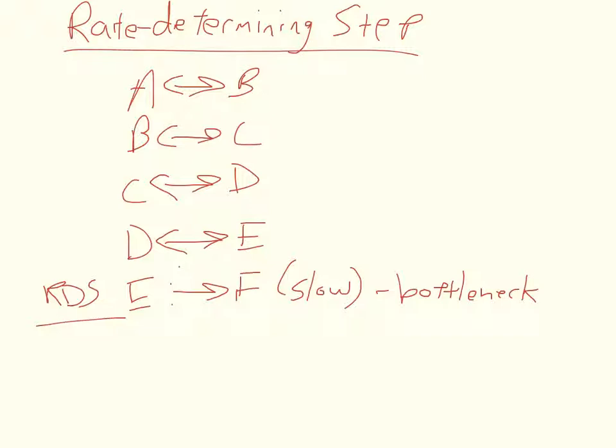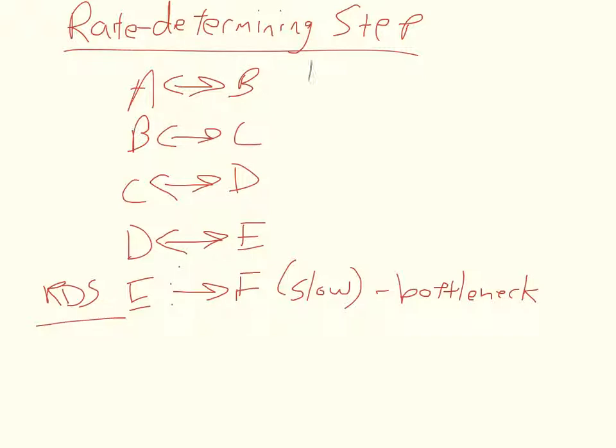And because it's the rate determining step, it's the step that controls how fast things go. So if we're using the rate determining step approximation, we assume that all of these different steps that are not the rate determining step are in equilibrium with each other.